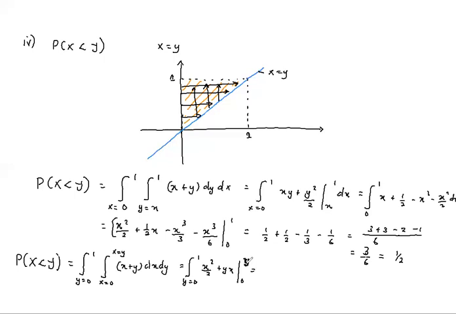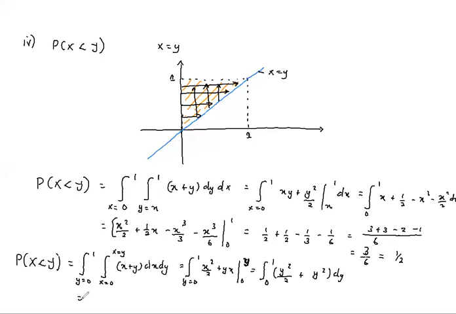So you substitute, you have the integral from 0 to 1 of y squared over 2 plus y squared, and then dy. Then you integrate.